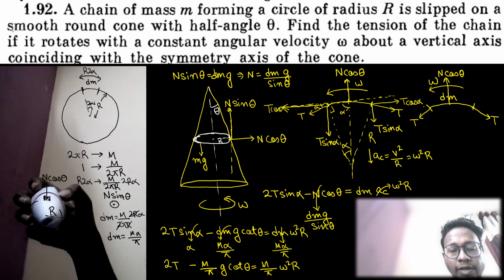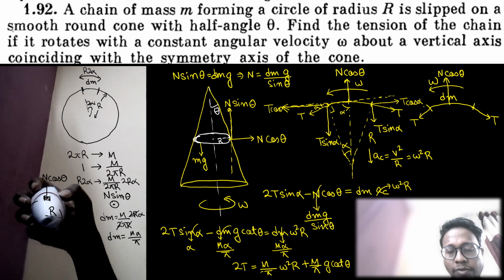I need to find out the value of T. If I send this entire term to the right hand side, I'll get plus m by pi g cot theta. So 2T is equal to this entire value, or T is equal to this entire value divided by 2.